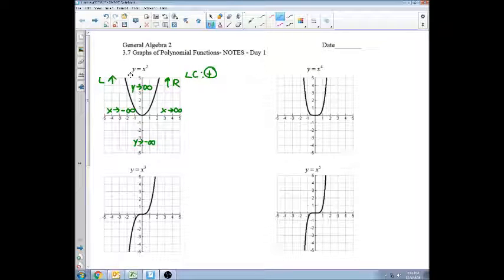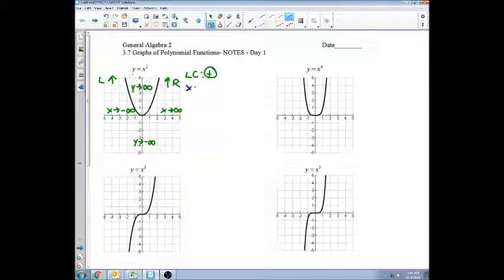So what we need to do is write our end behavior in infinity notation. I'm going to use 2 different colors so that you can tell the left side infinity notation and the right side of the graph's infinity notation apart. I'm going to use blue for the left because there's an L in blue, and red for the right because there's an R in red.